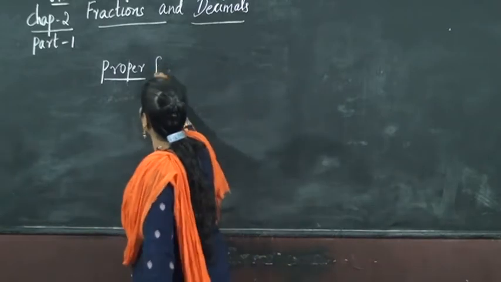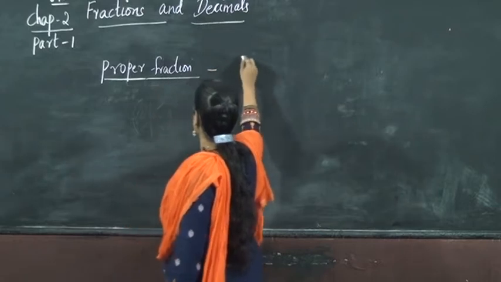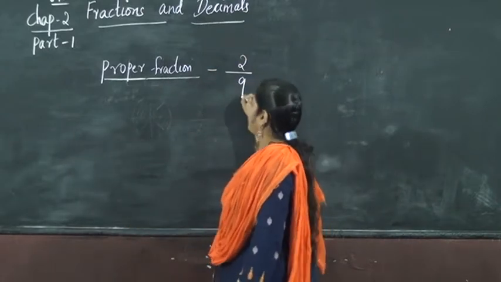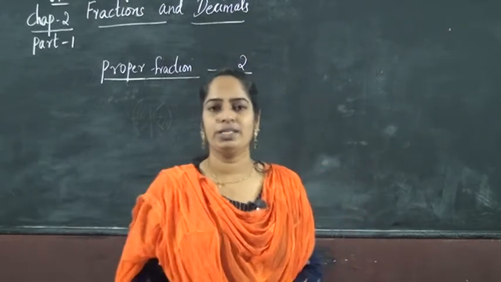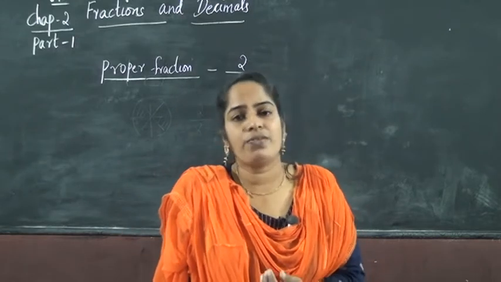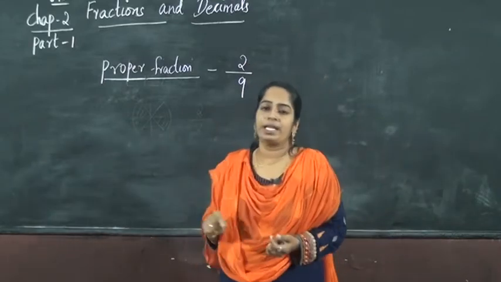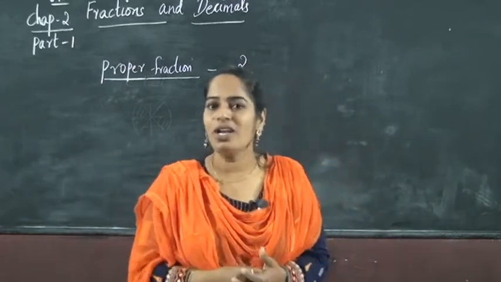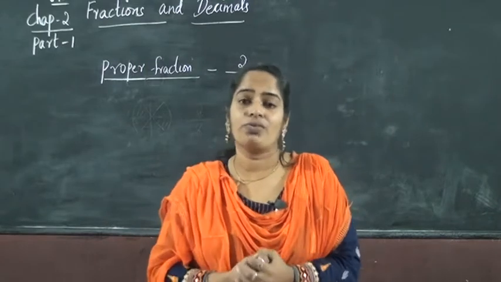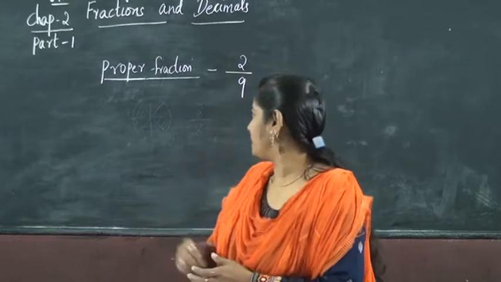If the number is 2 by 9, that is a fraction where 2 is the numerator and 9 is the denominator. Write the numerator of this fraction, that is 2. Write the denominator of this fraction, that is 9.